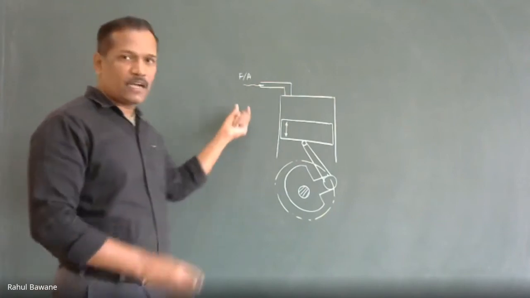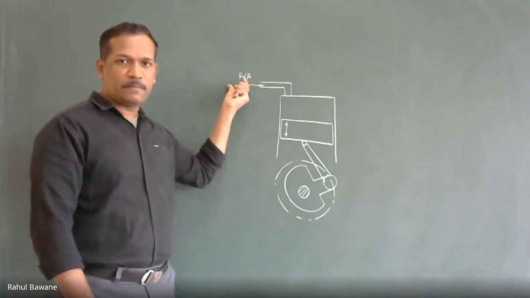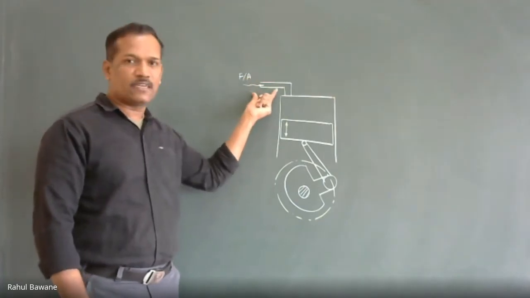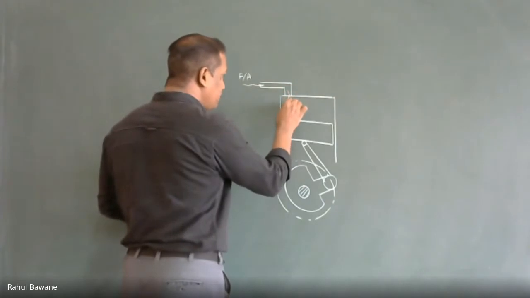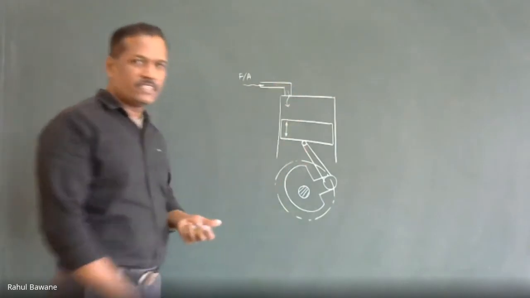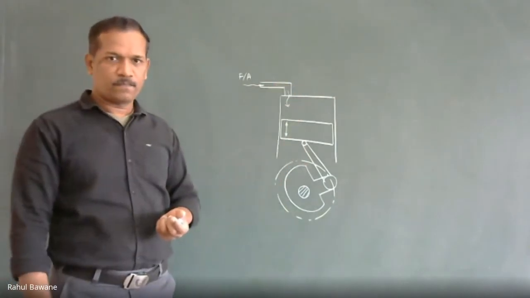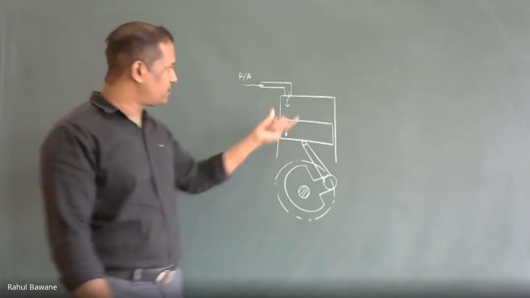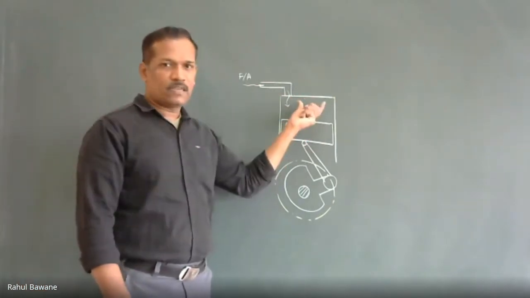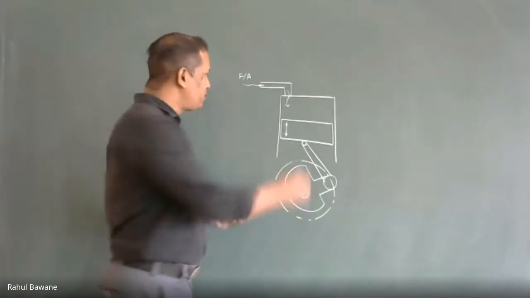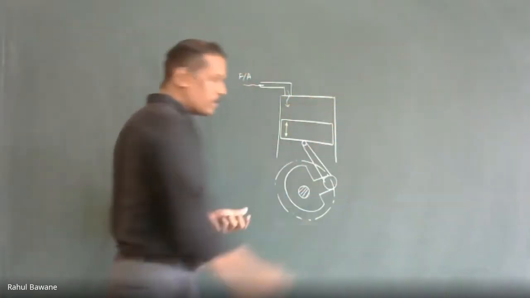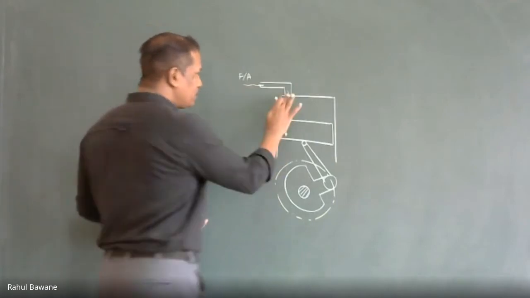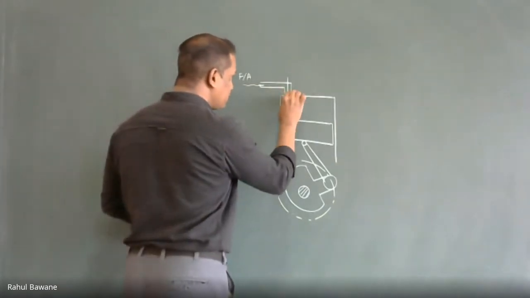With the help of the carburetor, we mix that petrol and air and prepare a fuel air mixture, and that fuel air mixture is supplied to the engine. During the suction stroke, it gets filled. This cylinder will be filled with the complete air fuel mixture. When the suction stroke is over, this valve will be closed.